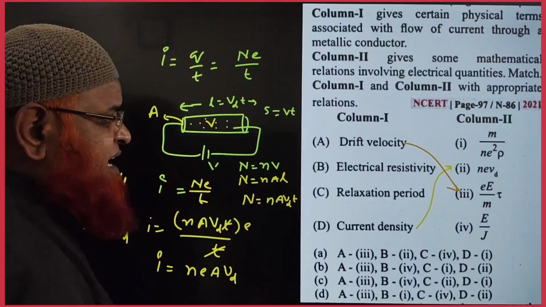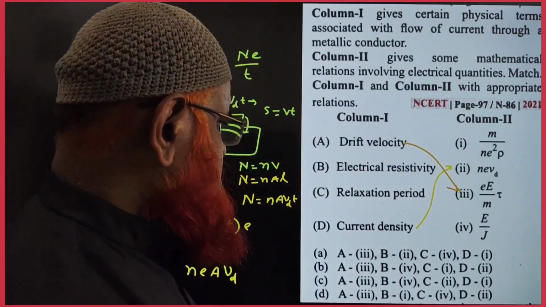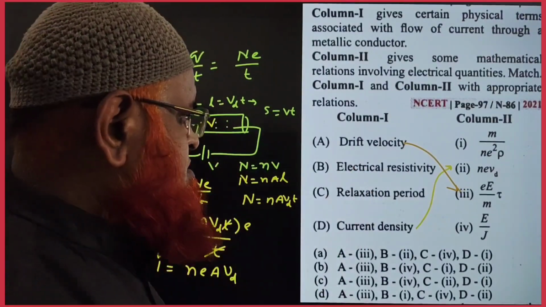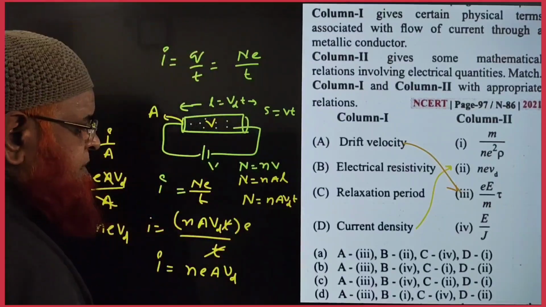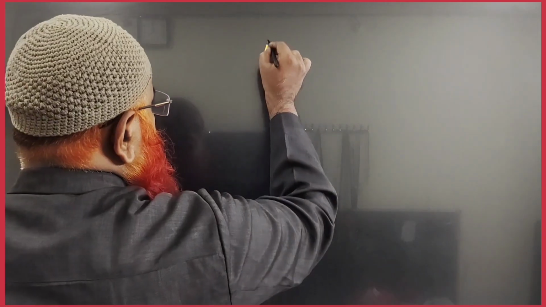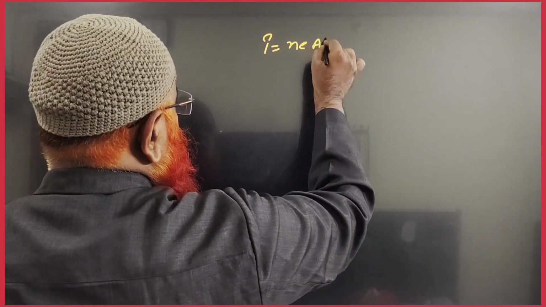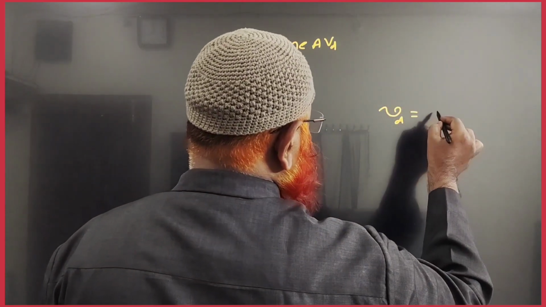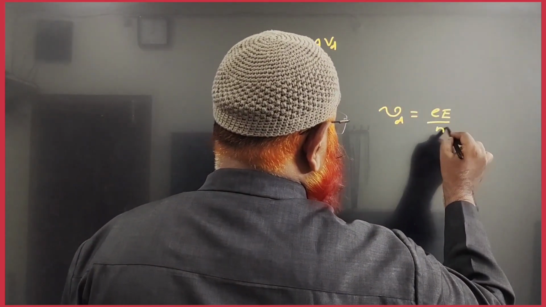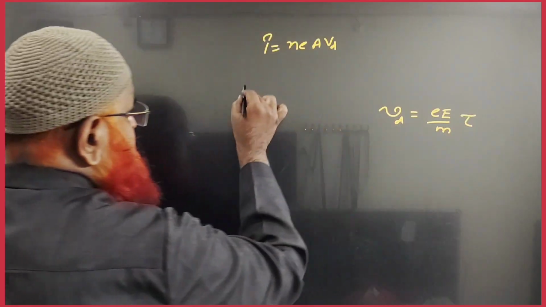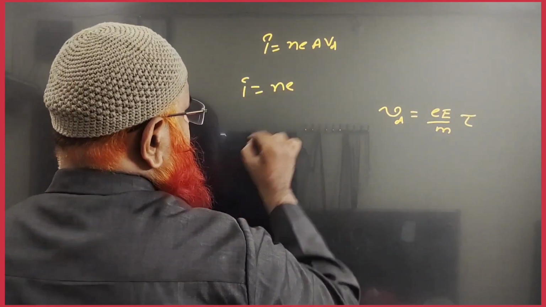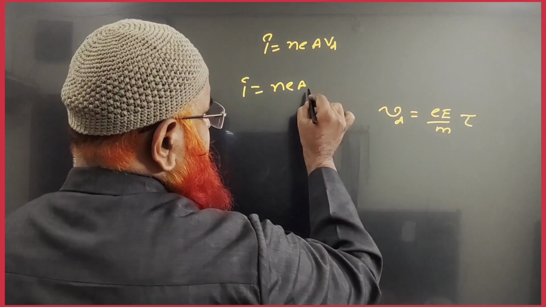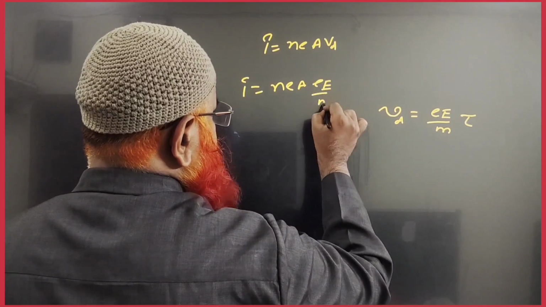Then, what is electrical resistivity here? We shall discuss electrical resistivity. First of all, we know that I is equal to N E A Vd. And just now we got the drift velocity, which is E into capital E by M into tau. So you can substitute this formula here: N into E into A, with drift velocity as E into capital E by M into tau.